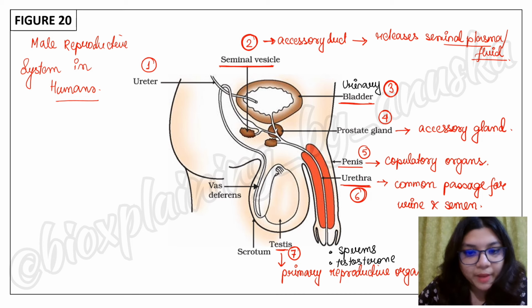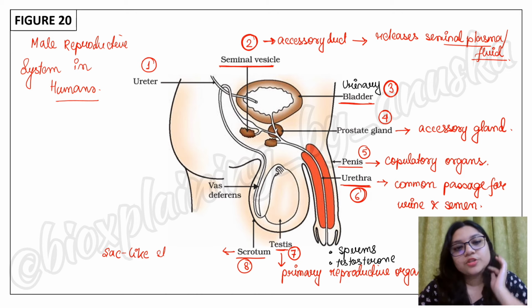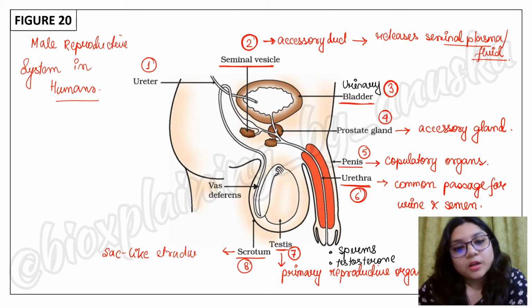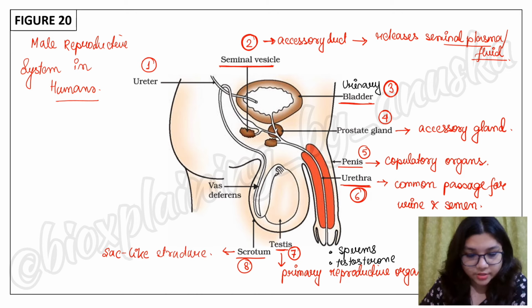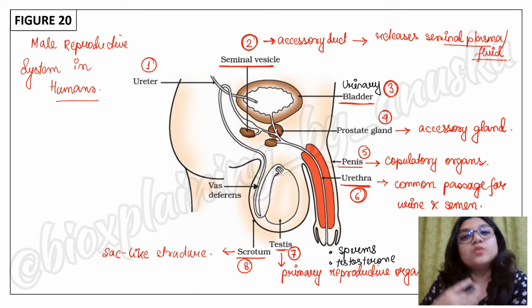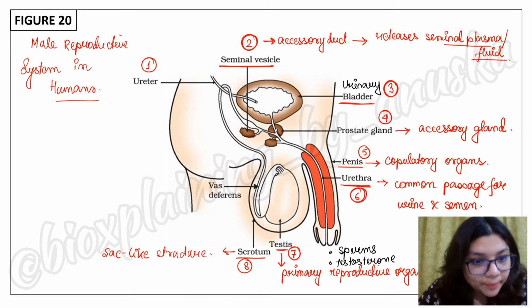And part 8 shows the scrotum. The scrotum is a sac-like structure containing the testis. Why is the testis present outside the abdomen, inside the scrotum?